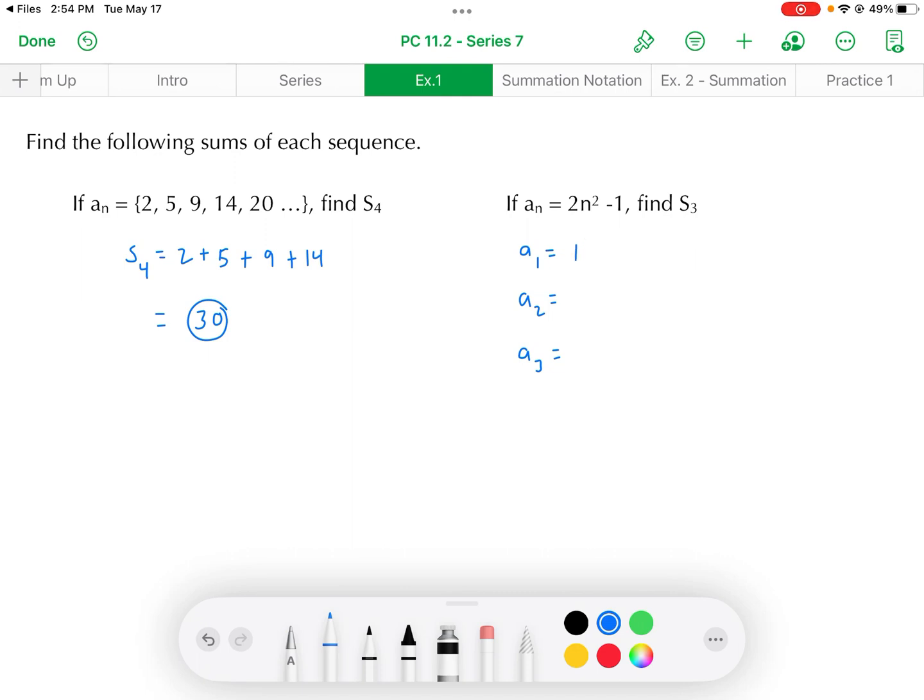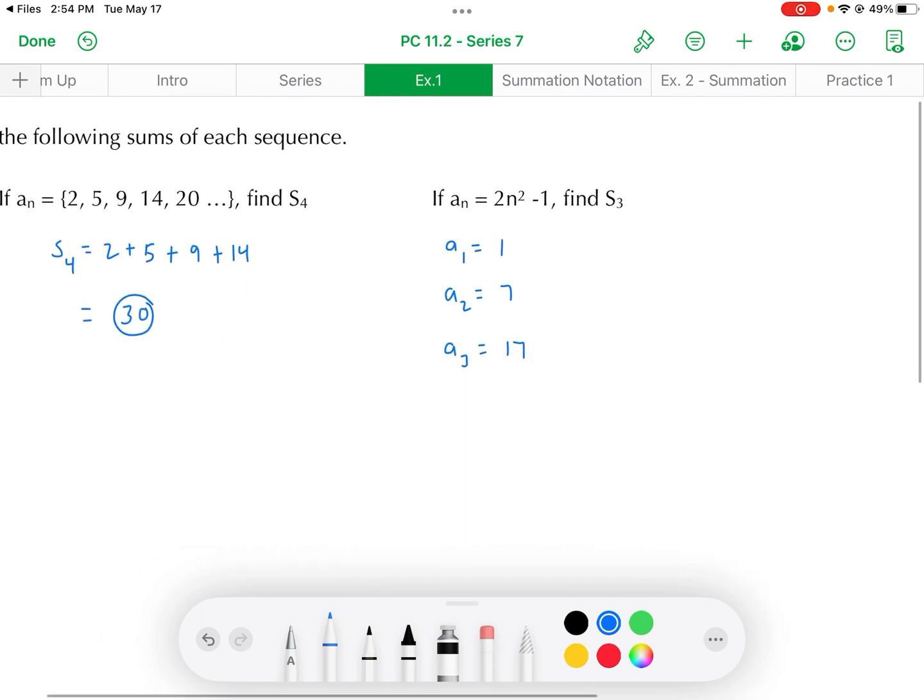A sub 2, 2 times 2 squared minus 1, that will simplify to 7. A sub 3, 2 times 3 squared subtracted by 1, that'll simplify to 17. So now I find S sub 3 by adding those three numbers together, and I end up with a partial sum of 25.